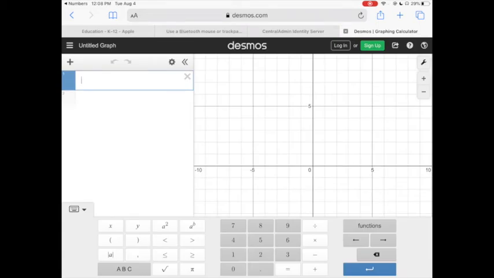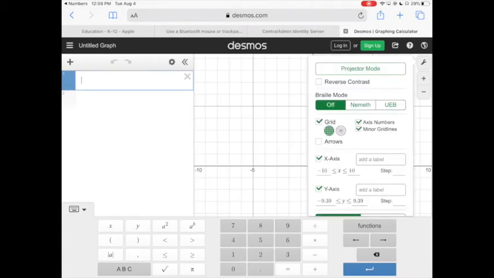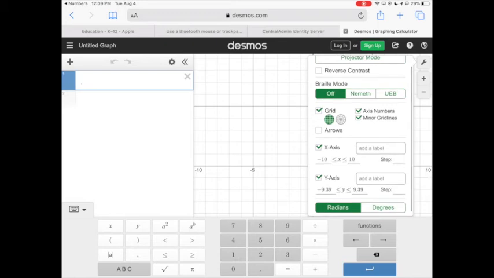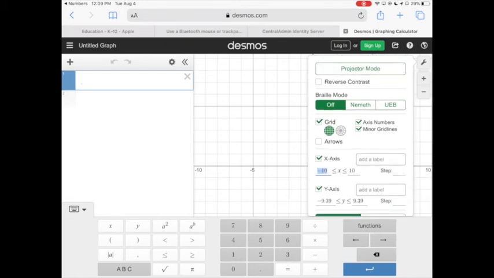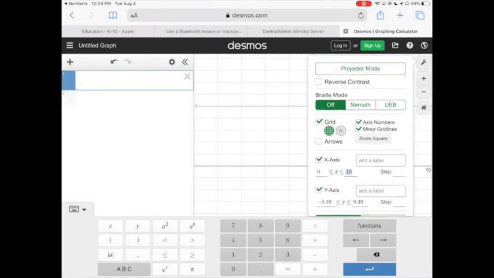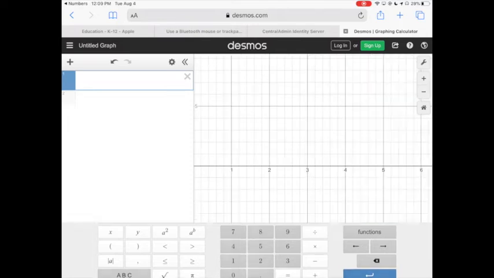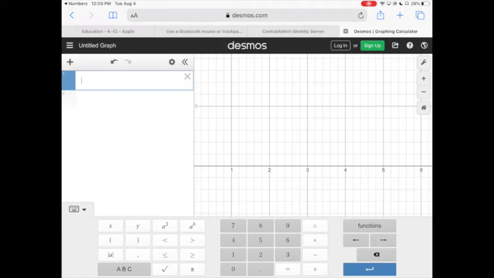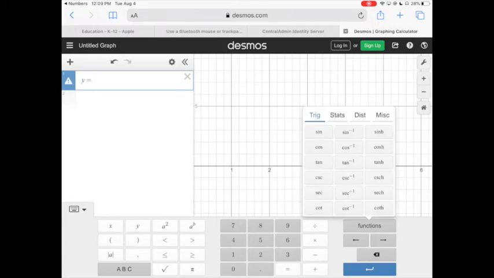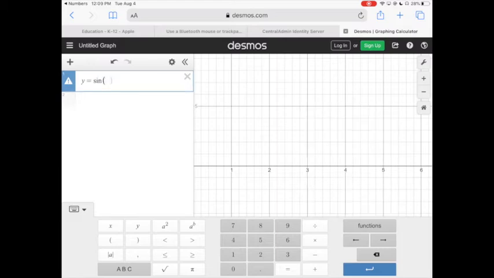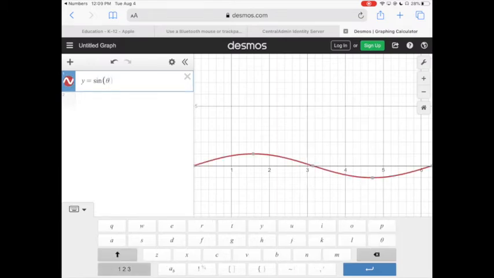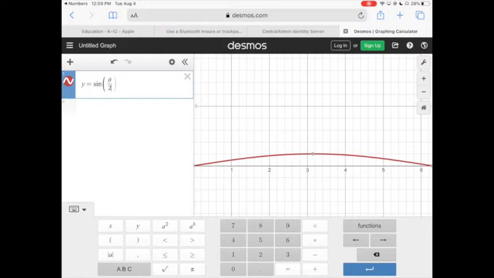All right, so in my settings, I'm in radians, okay, and I'll change the x-axis to go from 0 to 2 pi, the interval I'm trying to solve over. And I'm going to type in box 1, y equals the sine of theta divided by 2.